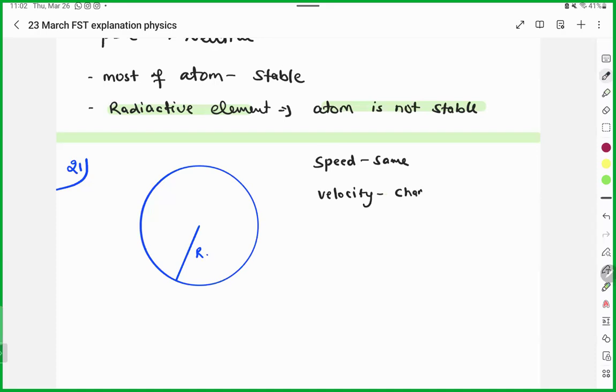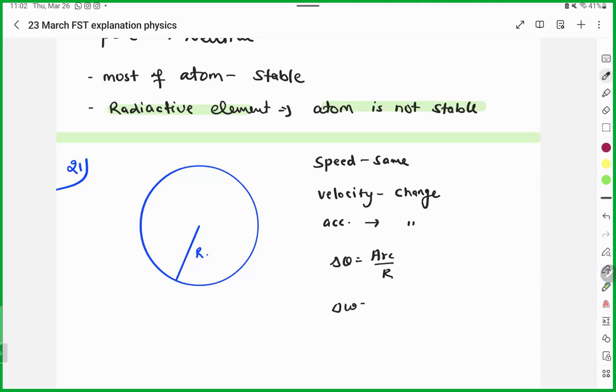Why does velocity change? Because direction is changing. And we know velocity and acceleration are vector quantities that depend upon the direction. So acceleration will also change. Correct. Here, if you calculate change in angle, it will be arc by radius. Correct.